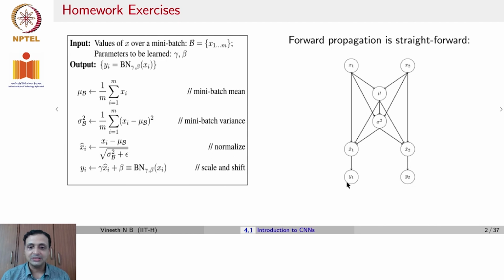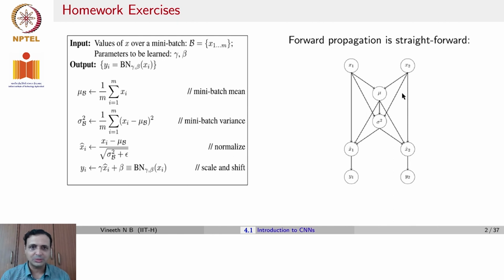Once you normalize, you renormalize them by scaling and shifting. Rather, you adopt a variance gamma and a mean beta, which is suitable to solve that problem. This is the main idea of batch normalization, and that's represented by this graph here.